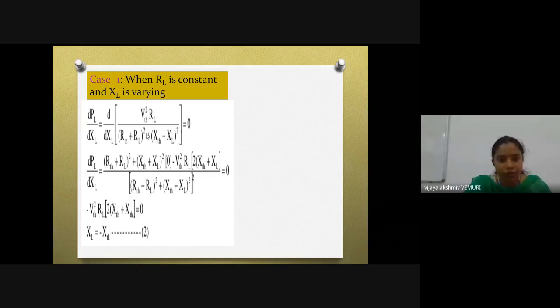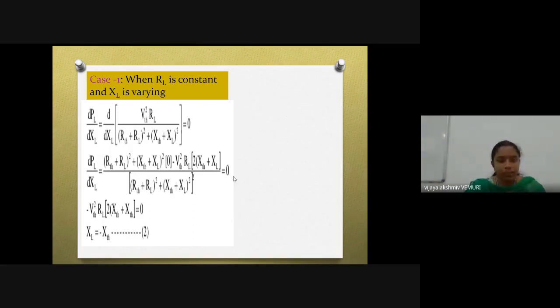This part becomes 0. And coming to the second part, you have the square of this, so 2 into XTH plus XL. For XTH it is 1 and for XL it is 0. So here it is VTH square into RL into 2 into XTH plus XL in the numerator. In the denominator, you will be squaring V square.